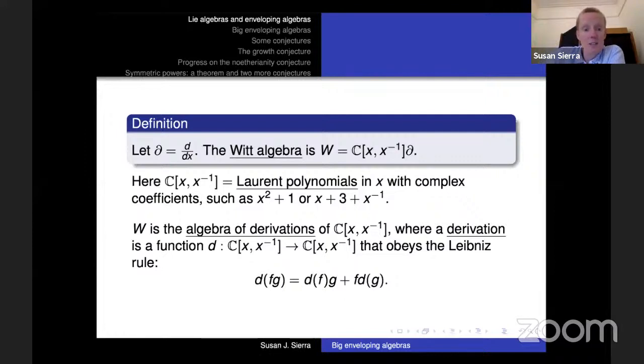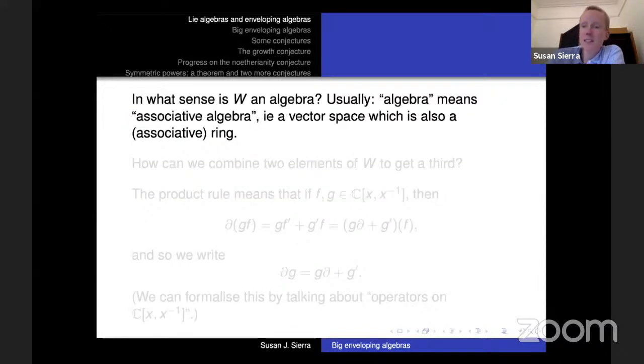So that's fine, but it raises an obvious question, which is, in what sense is W an algebra? It's called the Witt algebra. I said it's the algebra of derivations, but usually when we say something is an algebra, we mean it's an associative algebra. That is, it's a vector space which is also an associative ring.